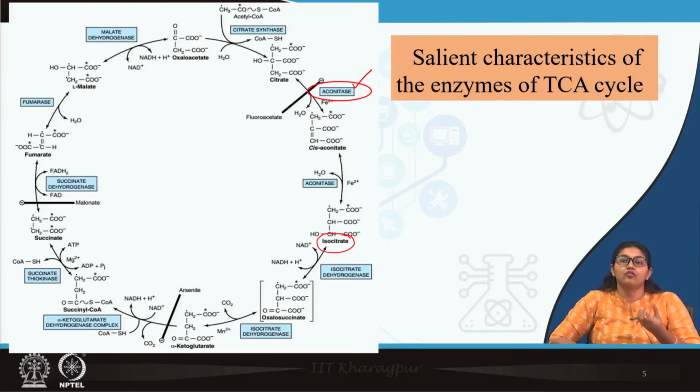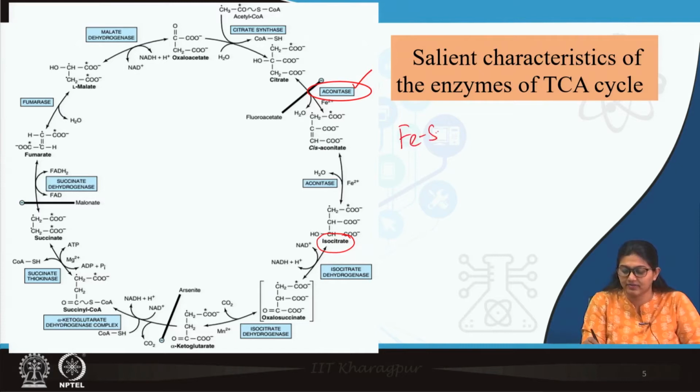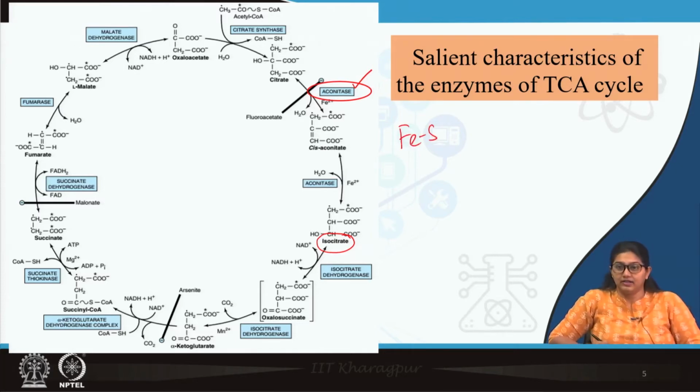Whenever there is iron deficiency in the circulation, it hampers aconitase activity. This iron sulfur center is disassembled within the enzyme, and what remains is the apoaconitase form, where the iron sulfur center is not present. This apoaconitase form acts as an iron responsive element, signaling the iron responsive element.